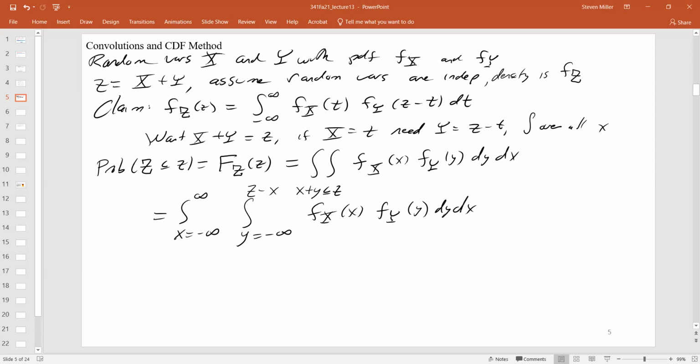So I would have my density function f_X(x) f_Y(y). Which integral do you want to do first, the x integral or the y integral? The y integral, because the x density doesn't depend on y. When I integrate that, I get the antiderivative evaluated at negative infinity and z minus x, and then I have to do the resulting x integral.